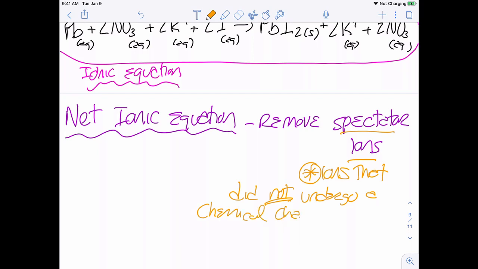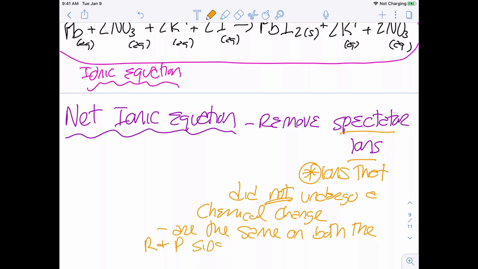They are exactly the same on both the reactant and product side. So R for reactant and P for product side of our equation. If they didn't change, they're not doing anything, so we're just going to cross them right out.